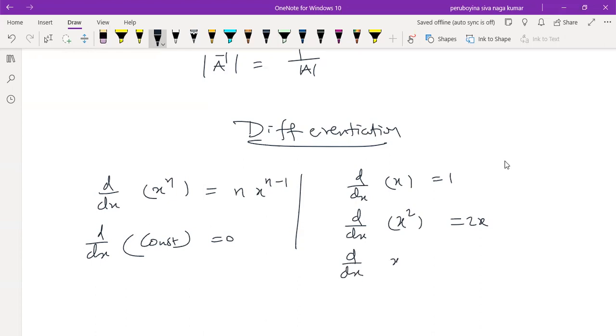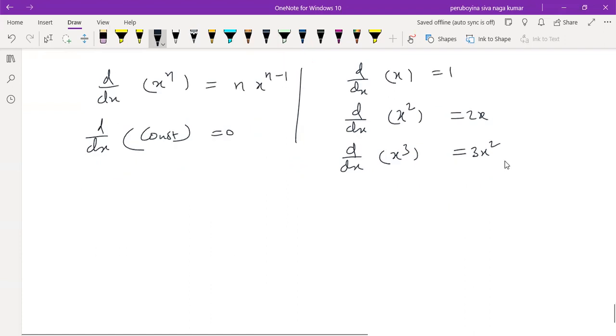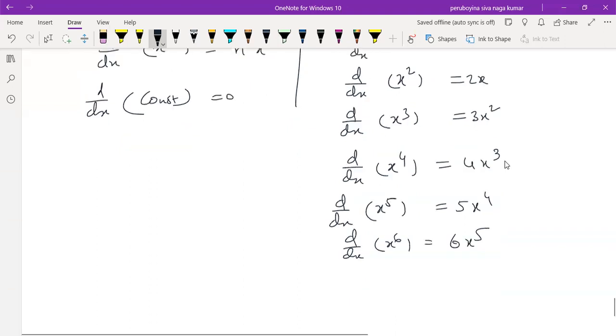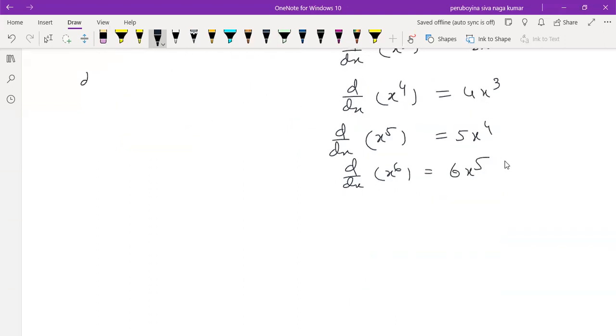D by dx of x cube is 3x square. D by dx of x power 4 is 4 into x cube. D by dx of x power 5 is 5 into x power 4. D by dx of x power 6 is 6 into x power 5. Up to 6 you have to learn.